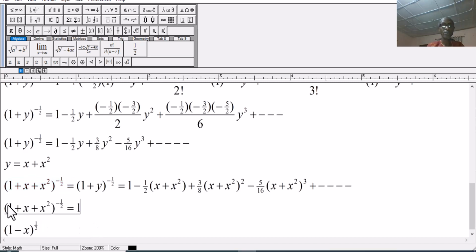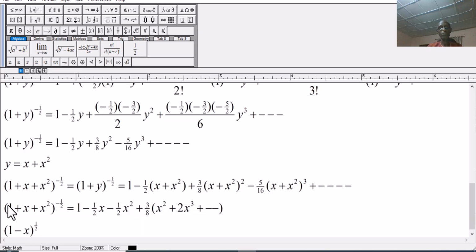So 1, minus x, minus x squared. So the next one is 3/8, and this will give us x squared plus 2x cubed. The next one I can ignore because it's x raised to the power of 4.